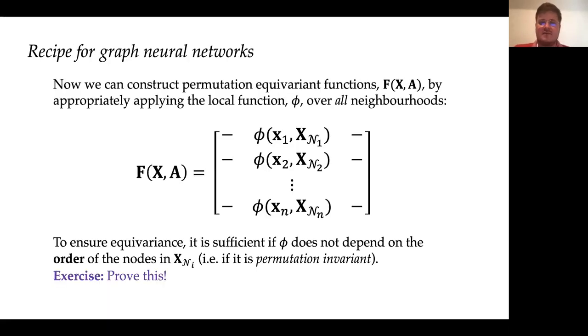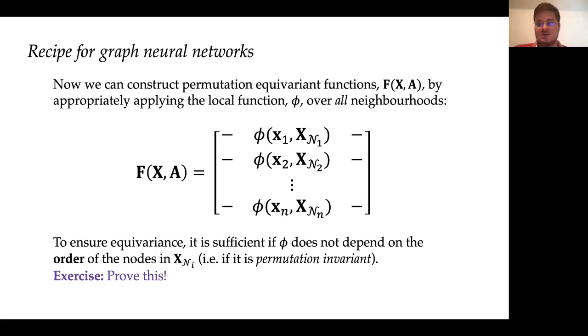And once we have a local function phi like this, we can actually construct permutation equivariant functions by just, as we did for sets really, applying this phi on every single node, in this case its neighborhood, in isolation, and then stacking the results into a new node feature matrix. Now, if you want to ensure that this thing is equivariant, we need to do just one more thing, because now our local function phi takes as its input a set. Capital X_{N_i} is a set of all the neighbor features.